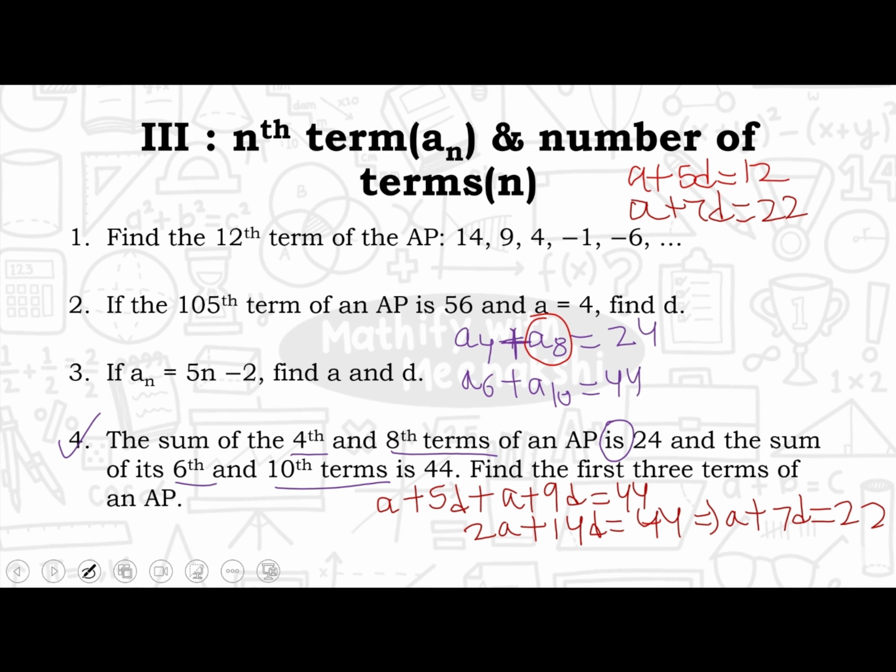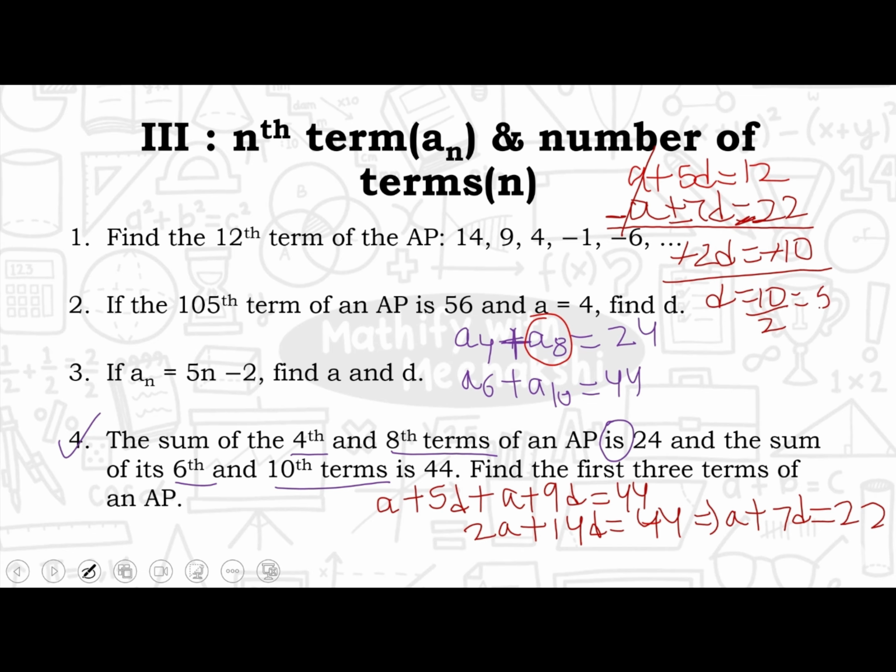Now you will solve this using elimination. I like elimination. So what I will do, I will change their signs, minus, minus, minus. So you can cut a and a. Now what is 5 minus 7? That is minus 2d. And what is 12 minus 22? That is minus 10. So your d is 10 by 2, that is 5.